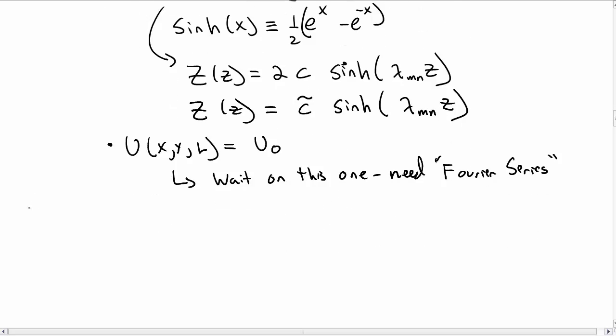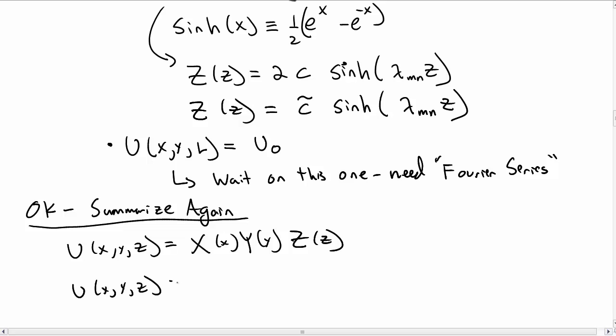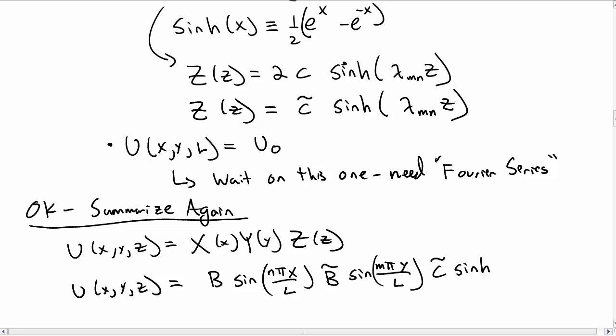Okay, so let's summarize again where we are after all of this work. We've written our function for the temperature u of x, y, and z inside the cube as X times Y times Z, which are functions. And we found those functions, and so we can write this as b sine of n pi x over L, b twiddle sine of m pi y over L, and c twiddle sinh of lambda mn times z.